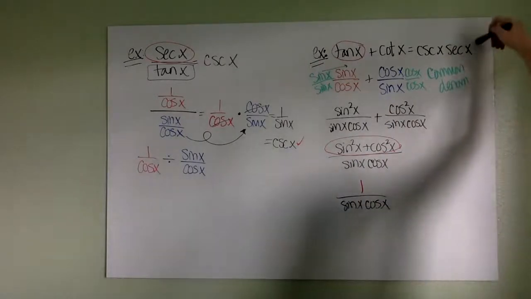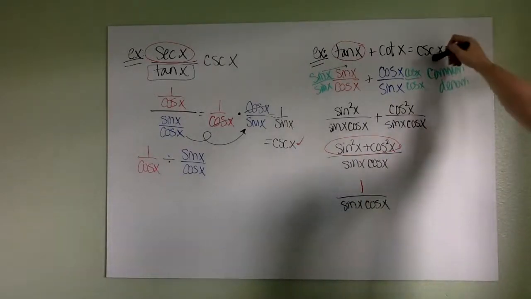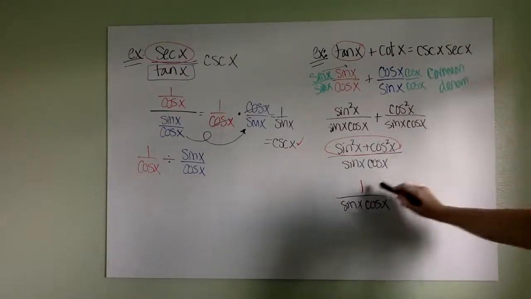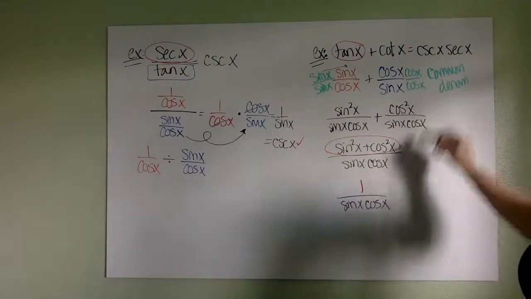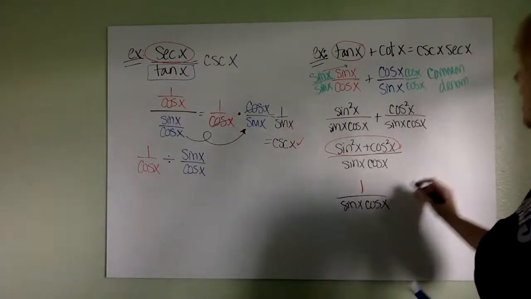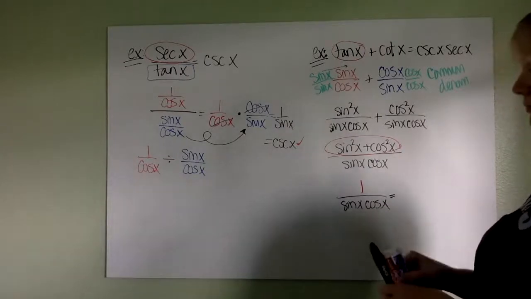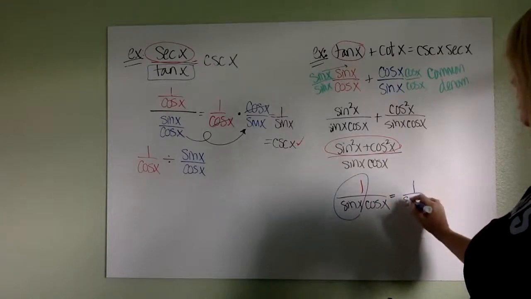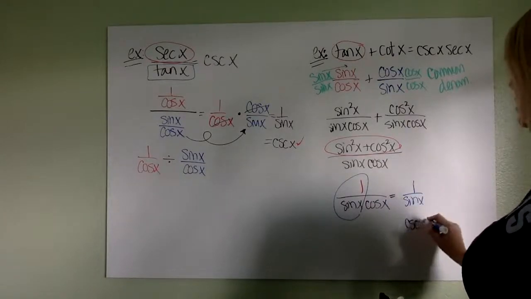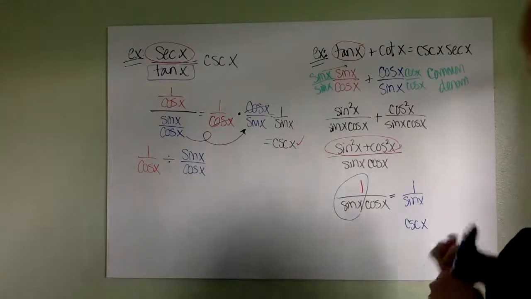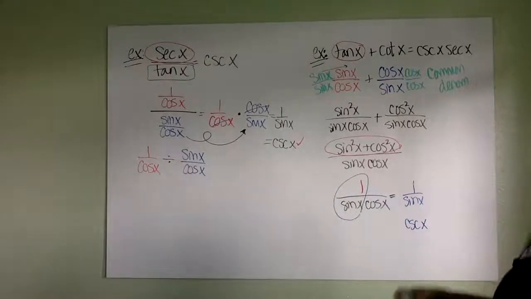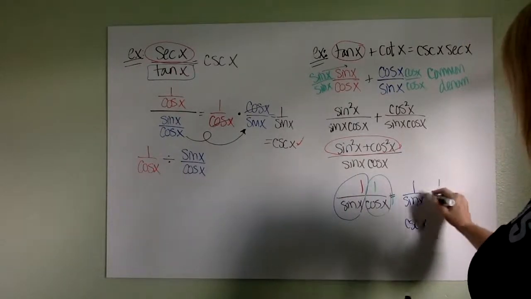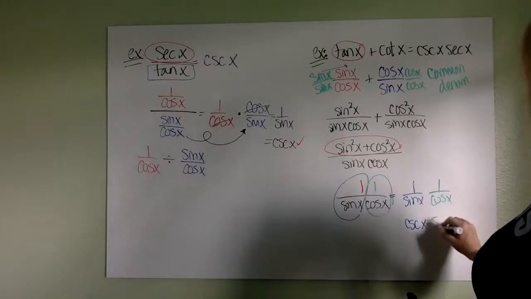Now, am I there? Have I finished? Well, take a look at where we're trying to go. The cosecant is 1 over the sine, and the secant is 1 over the cosine. So what I have here, is it the same as what I'm trying to get to? Yes, in fact, this 1 over the sine is the cosecant, and this 1 over cosine is the secant.